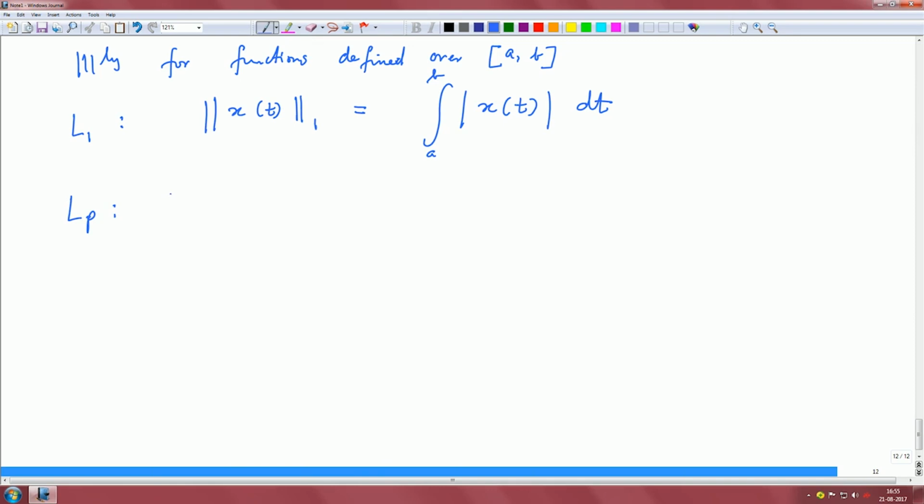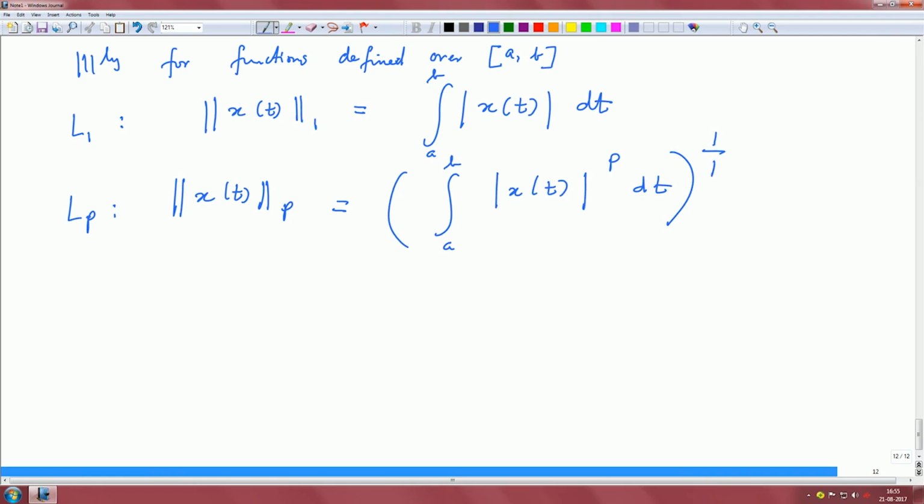For Lp, it is basically the pth root of this. So, at every point in the signal, you take the absolute value, right, you raise it to the power p, then you integrate it, that is basically you accumulate all these positive quantities and take the pth root of this, and that is what the meaning is of this Lp norm.